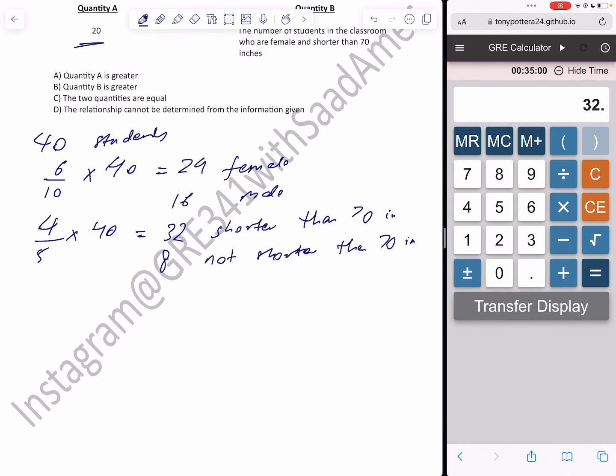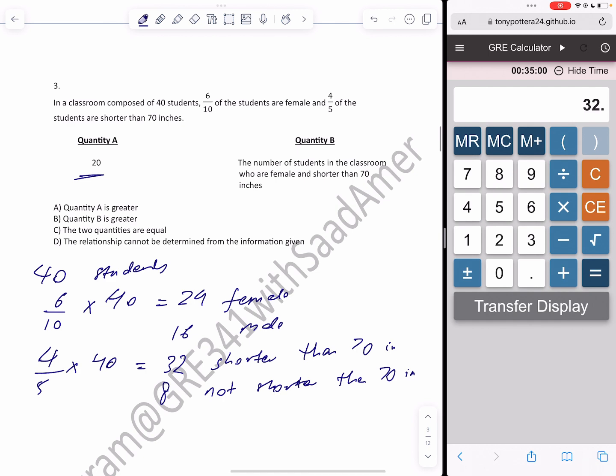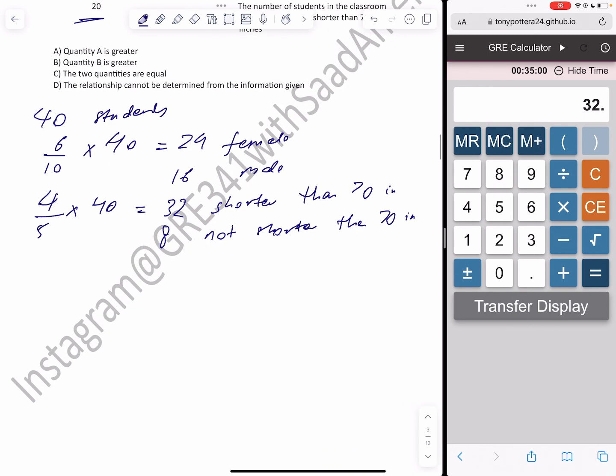So we have 24 females, 16 males, 32 are shorter than 70 inches and 8 are not. So we need to assume different extremes here. One extreme would be all 24 females are shorter than 70 inches. All of them are shorter than 70.